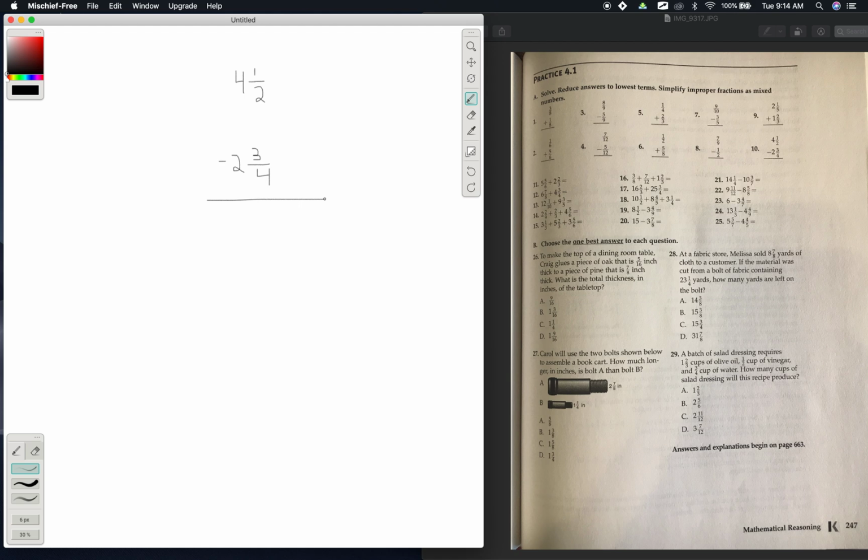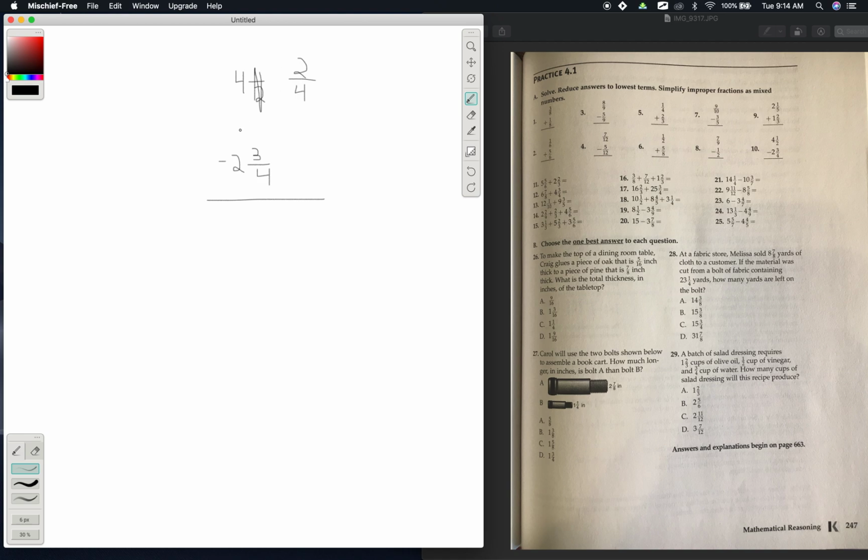Okay, so again, see these denominators? They have to be the same. So the lower one does go into the higher one evenly. So we can just keep this 3/4 here, but this one will have to change. 2 goes into 4 2 times. Put a 4 here. Since we know we multiplied that 2 times, we also multiply the 1 2 times. So 2 times 1 is 2. Okay, so this will be our new number.